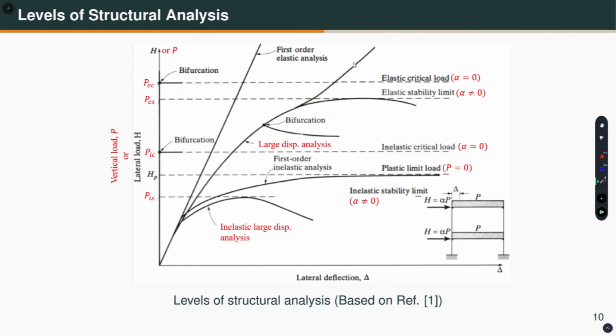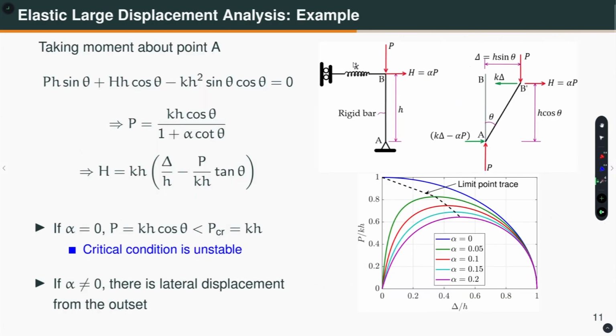So, let us look at example, simpler example where we can see all of these features. So, elastic large displacement analysis, again I will be taking this simple toy problem, okay. Recall when we displaced earlier, what was this? This delta was simply theta into h, right.